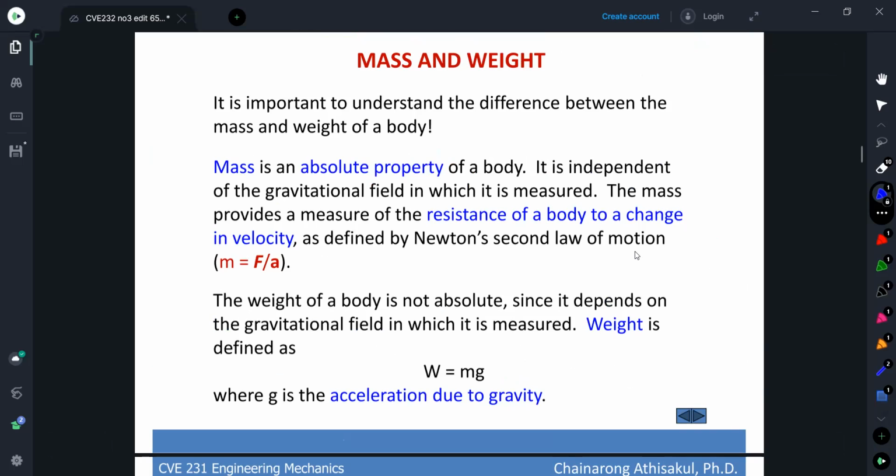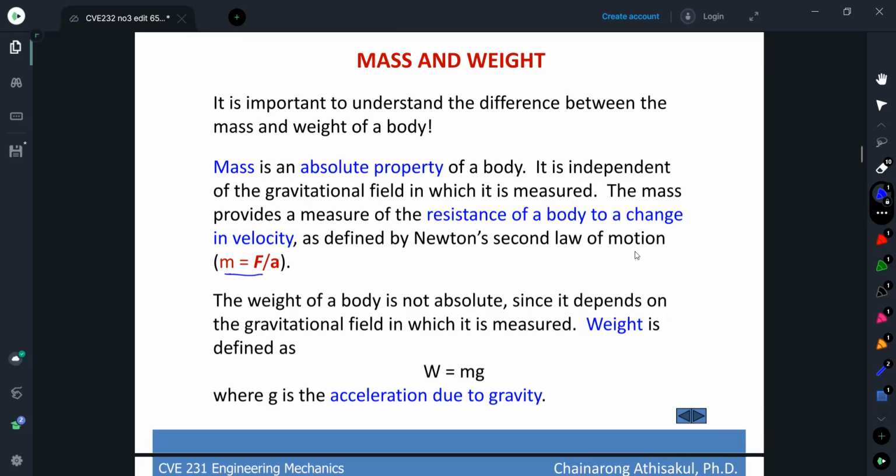Now, mass and weight. Mass is an absolute property of a body. It is independent of the gravitational field in which it is measured. The mass provides a measure of the resistance of a body to a change in velocity, as defined by Newton's second law, by m equal to F over a. The weight of the body is not absolute, since it depends on the gravitational field in which it is measured.